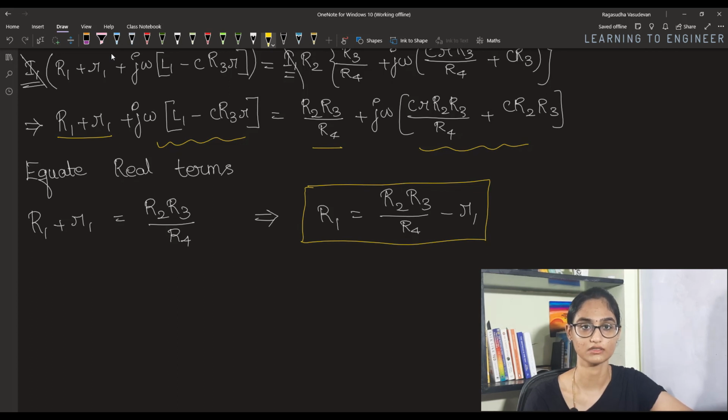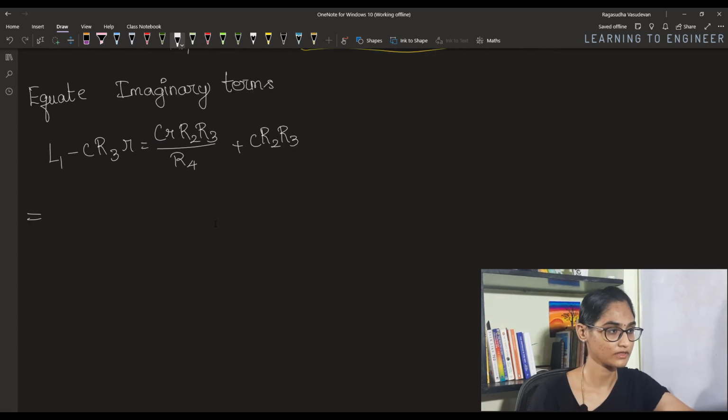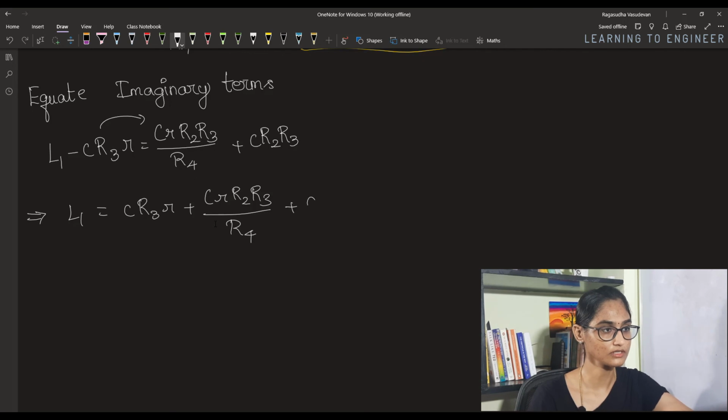Now let's equate the imaginary terms and find out L1, which implies the value of L1 is equal to C R3 into R, I am just taking this term here, plus C small r R2 R3 by R4 plus C into R2 into R3.